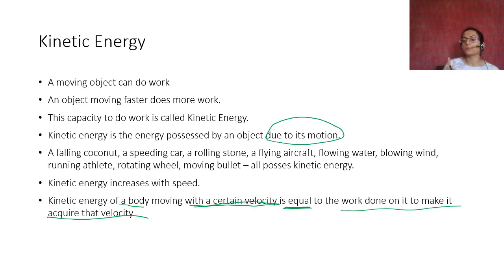That is, the work done on that object so that it acquires that velocity is equal to the energy that it has. If some amount of work has been done on that object to achieve velocity v, then that kinetic energy is because of the work done on the object.